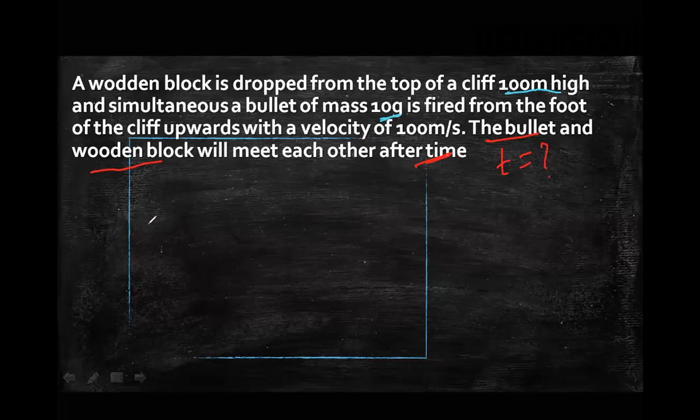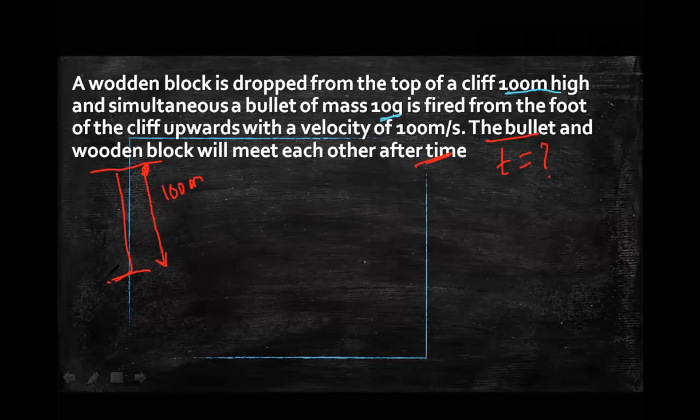Let me read the problem. A wooden block is dropped from the top of the cliff, coming downward. How much height? 100 meters.